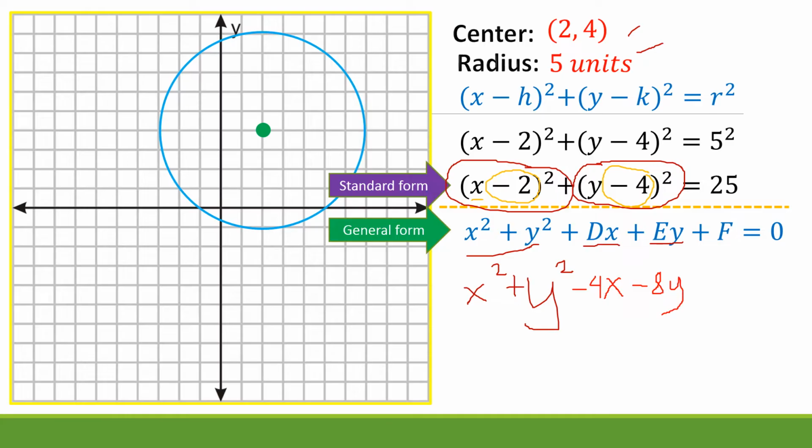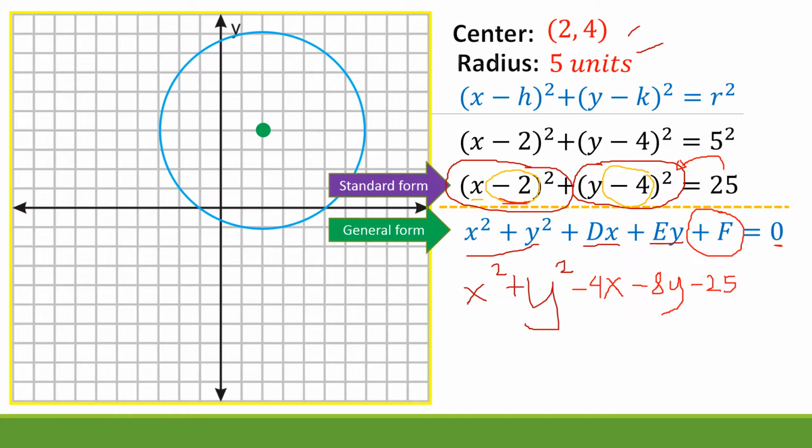How about the last one, which is the constant part? For the constant part, first we transpose 25 to the other side of the equation. As you will see from our general form, there should be nothing left on the right side of our equation, plainly 0. So we are going to transpose 25 to the left side. That positive 25 now becomes -25. Then we're going to add a couple of values coming from the square of the constant terms in our quantities.